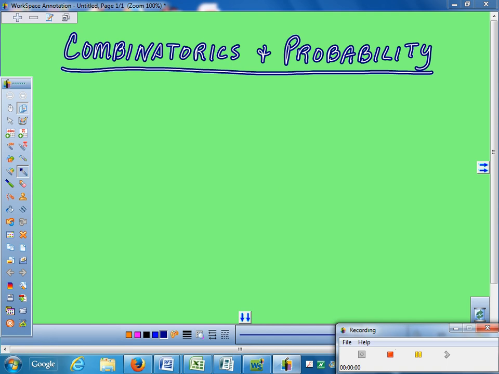Before we get to the probability part, I have to talk to you about what's called combinatorics. Combinatorics, big fancy name, is basically the study of how many ways there are to perform an event.